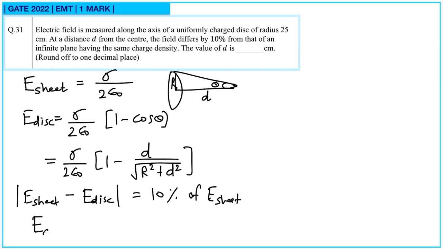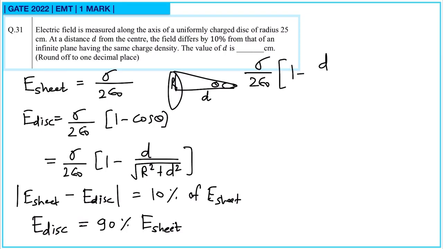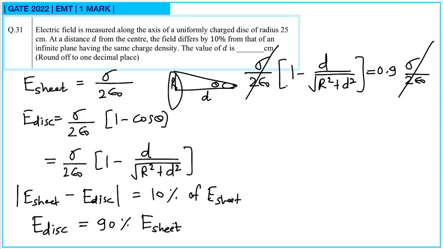So from here we can see the electric field due to the disk is 90% of the electric field due to the sheet. That means sigma upon 2 epsilon naught in bracket 1 minus d upon under root r square plus d square is equal to 0.9 into sigma upon 2 epsilon naught. So this will cancel on both sides. So 1 minus this, that is 0.1, is equal to d upon under root r square plus d square.